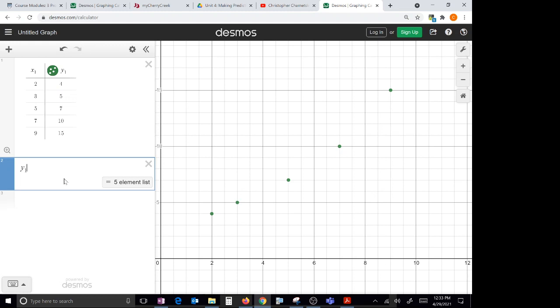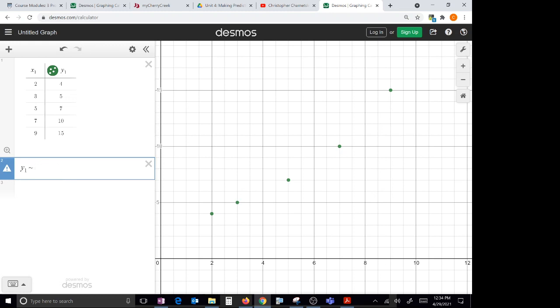And instead of an equal sign, we're going to put a squiggly line. If you look at the top left of your keyboard, sometimes it's called a tilde. It's right next to the number 1 above the tab, and you have to hit the shift button to get it.